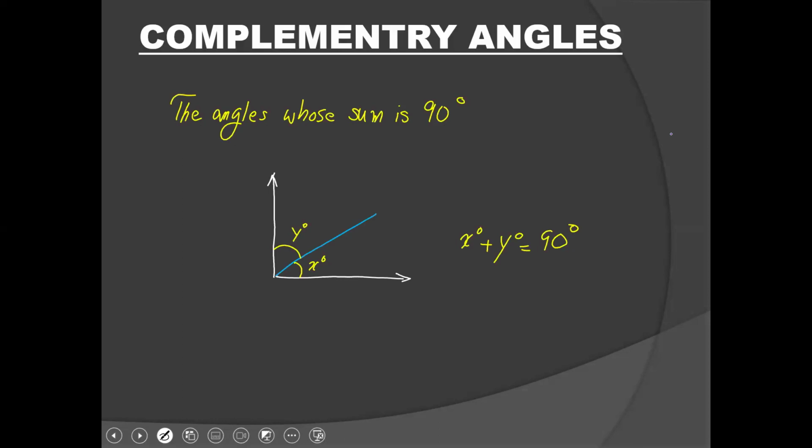What are complementary angles? The angles whose sum is 90. So can you repeat the property? The angles whose sum is 90 degrees.